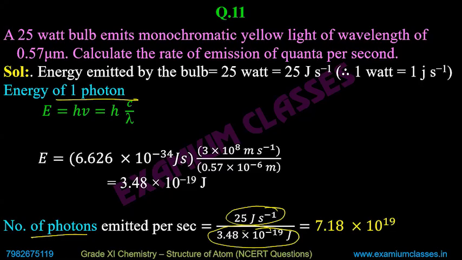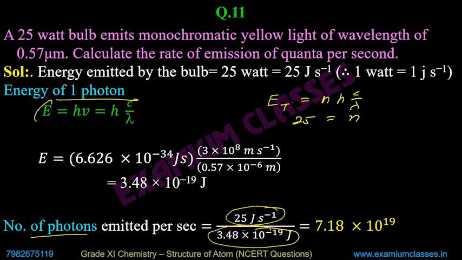However, this will also give you the correct answer if you write E total equals to N h nu, as I have told you earlier, because here E total will be 25 and it will be N and h nu will be hc by lambda.